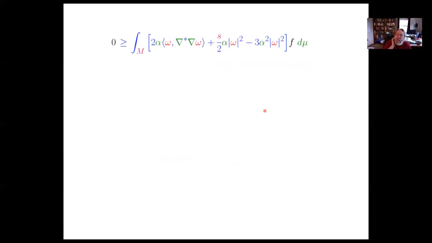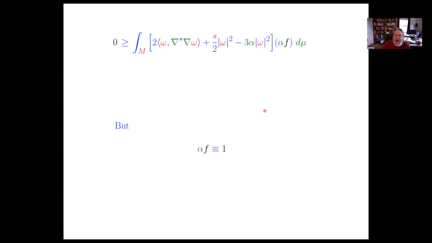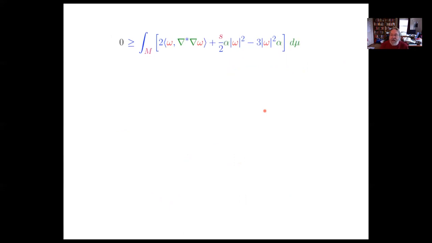But remember, I also chose my f so that alpha times f was 1. So I had this kind of horrible f that I didn't want to work with, but I've set it up so that it cancels.